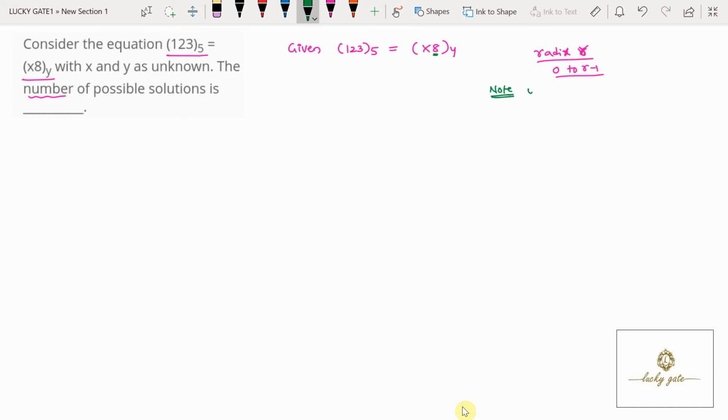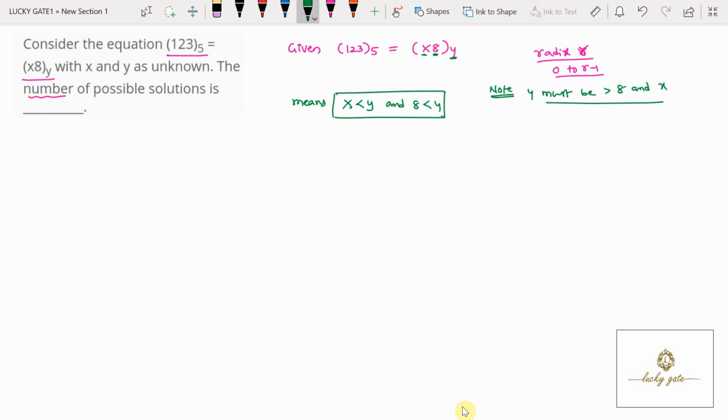From this example, y must be greater than 8, and also y is the base, which means x should definitely be less than y. So y should be greater than x. Here I am concluding y must be greater than 8 and x. It means x is less than y and 8 is less than y. This point you keep in mind.